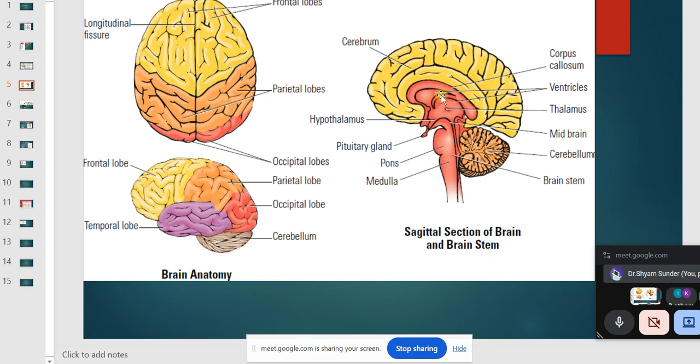There will be accumulation of fluid, which will increase the size. That is called hydrocephalus. Please make a note: hydrocephalus, where there is accumulation of CSF in excessive quantity, for which again surgery is required.